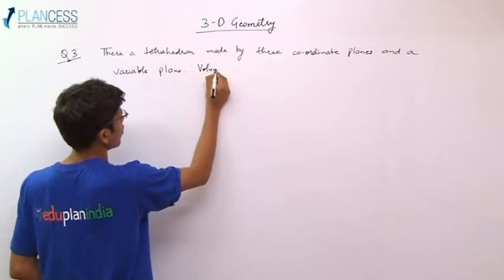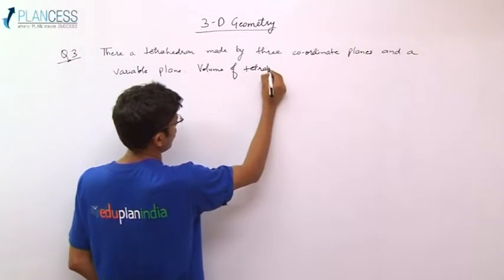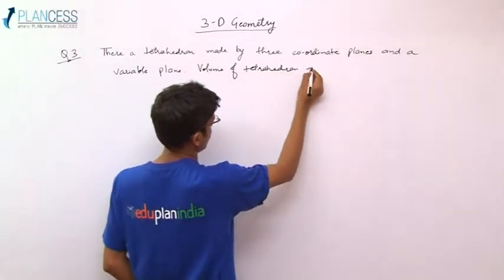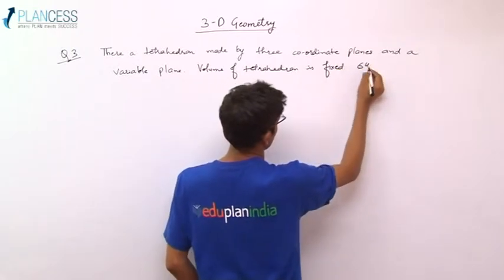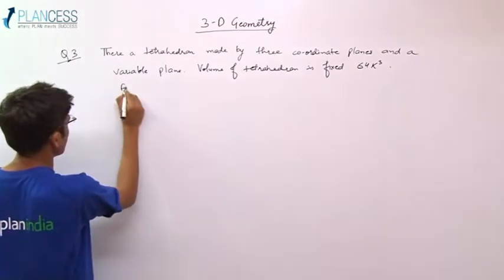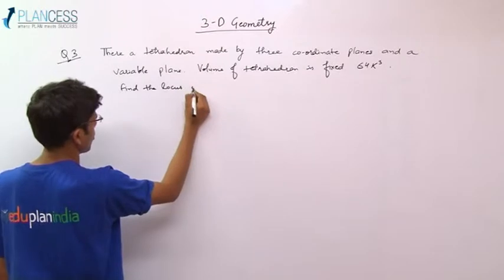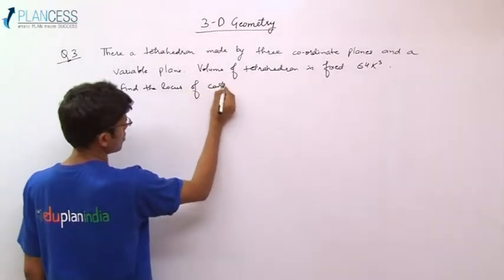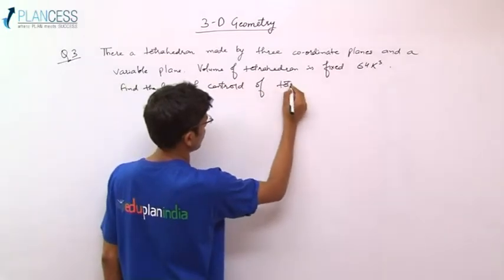The volume of the tetrahedron is fixed, 64 k cube. Find the locus of the centroid of the tetrahedron.